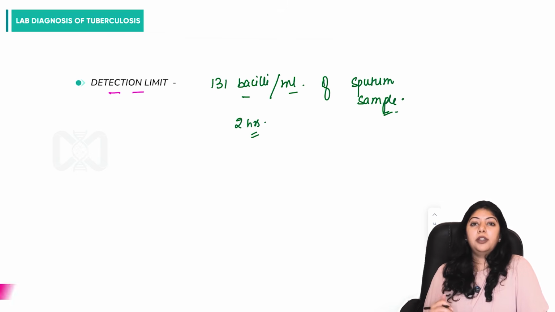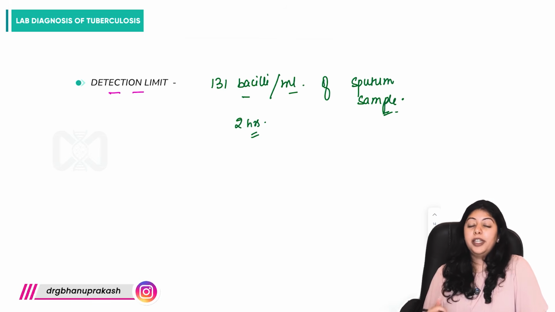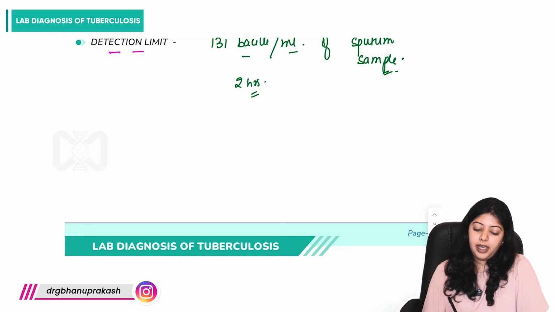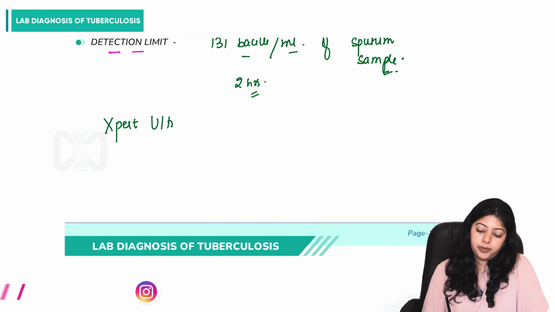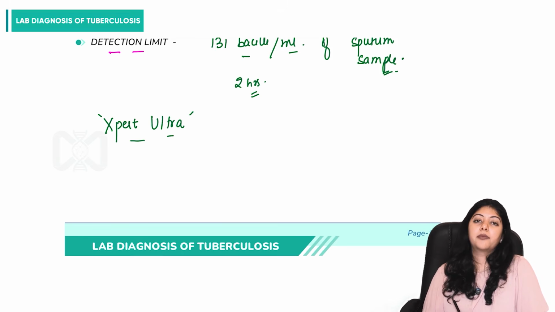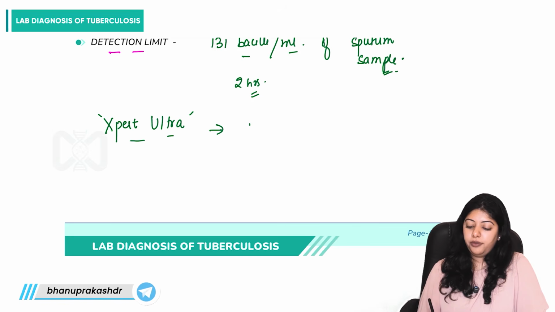So we also have an advanced GeneXpert method which is known as Xpert Ultra, which has the detection limit of as low as 16 bacilli per ml.